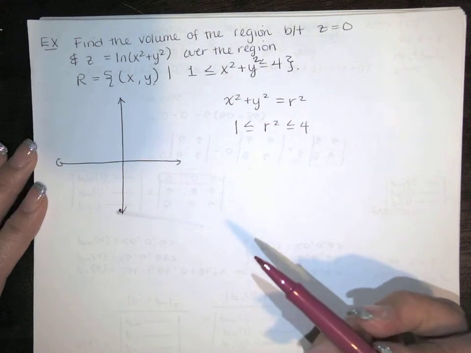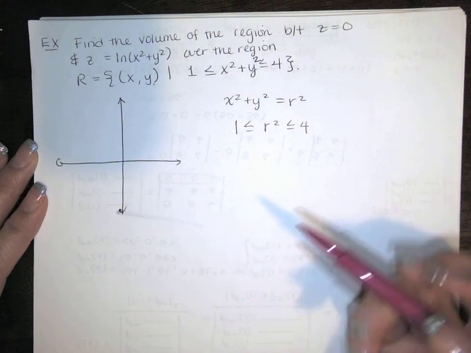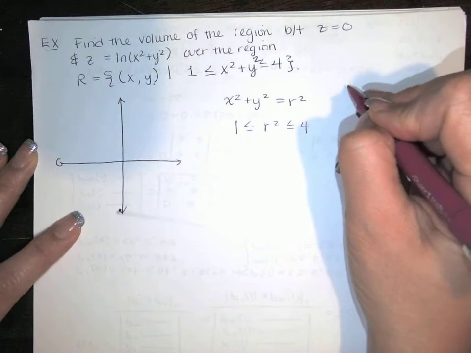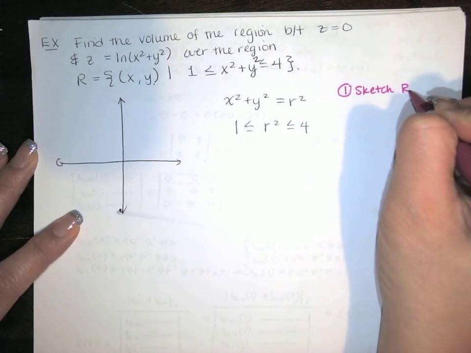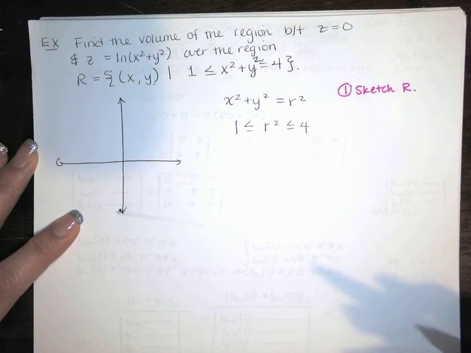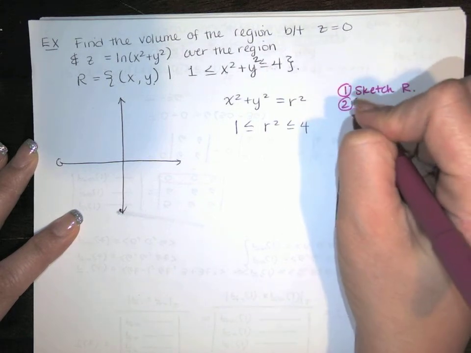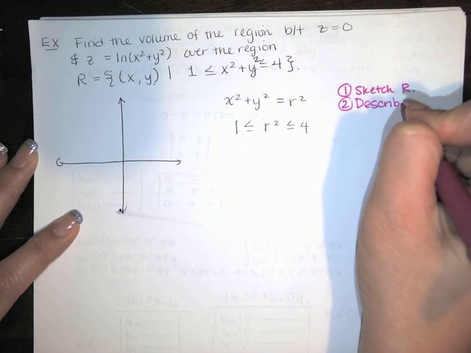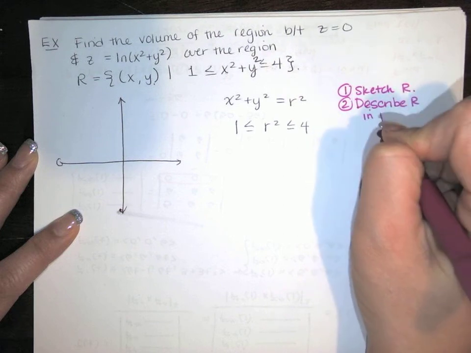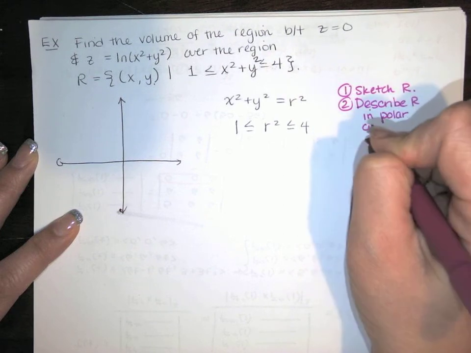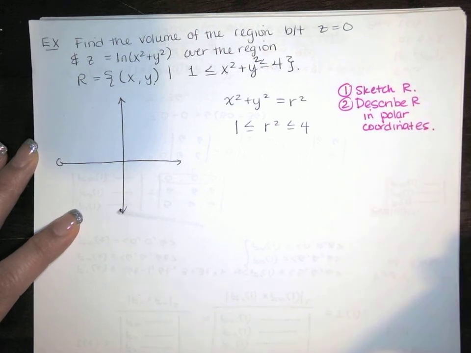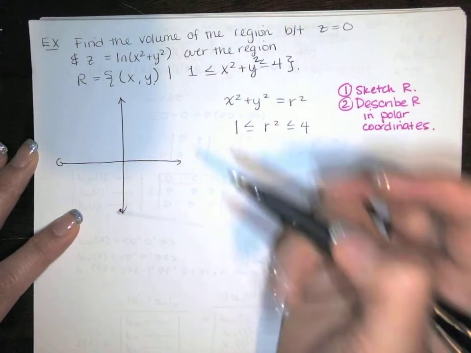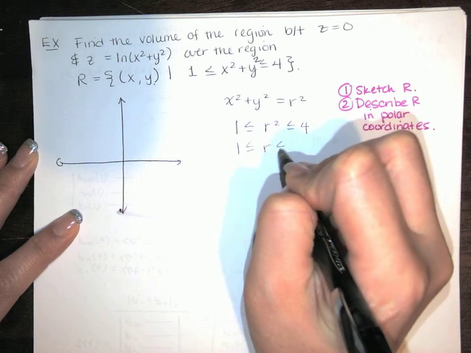So just like before, we are going to start by graphing the region R. And then we'll describe R in polar coordinates. Now if r squared is between 1 and 4, that means r is between 1 and 2.